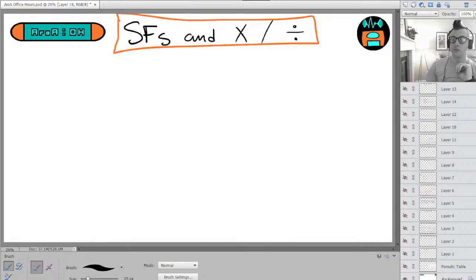So here are the rules for multiplication and division.